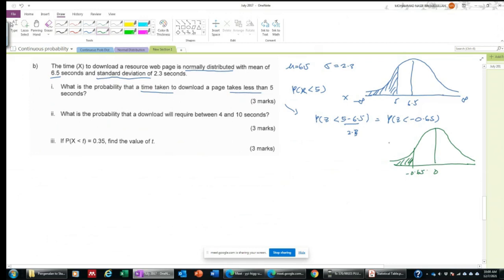Probability of Z less than negative 0.65 is also equal to Z more than 0.65. It's a symmetrical distribution, right? So by looking at the statistical table, you will get 0.2578. So this is the answer.